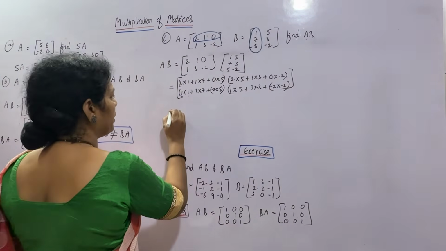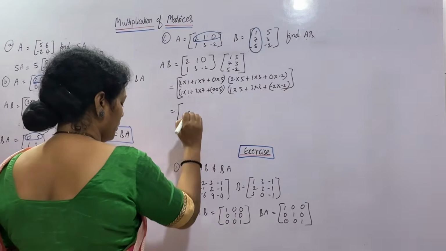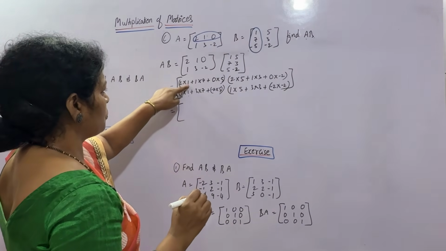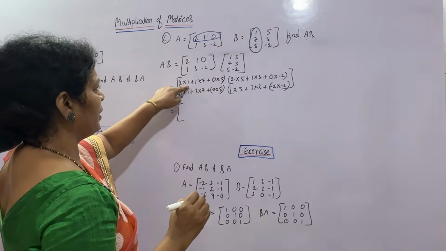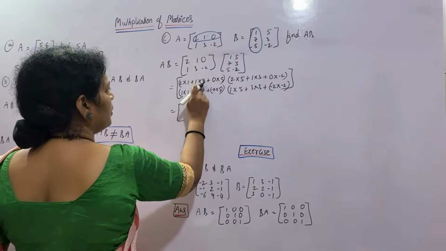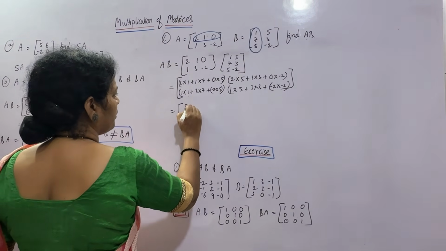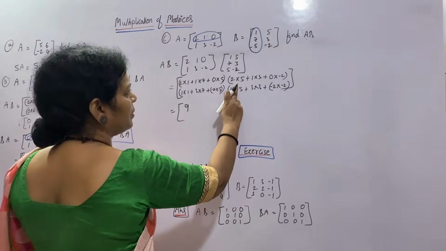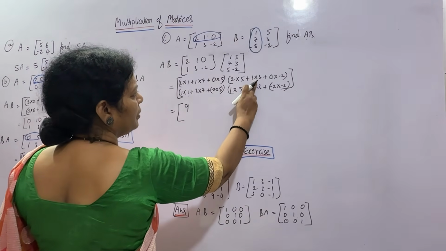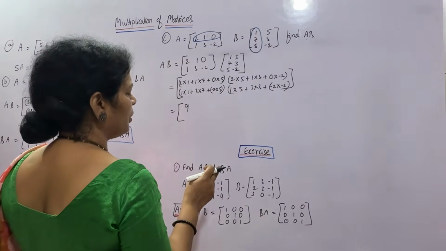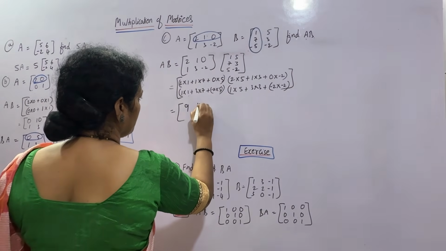Okay, now we'll do the multiplication. So this is 2, 7, 2 plus 7, 9. This is 0 only. So 2 plus 7, 9 it is. Next one, 10, 3, this is 0 only. 10 plus 3 means it is 13.